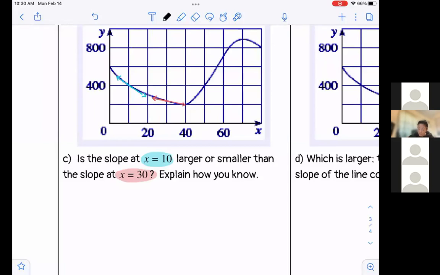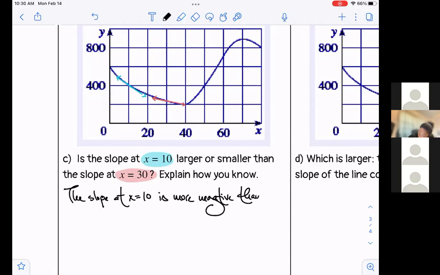Yeah, I want to say it's larger at 10 as well. Ah, exactly. Okay, so let's write this out. The slope at x equals 10 is more negative than the slope at x equals 30.